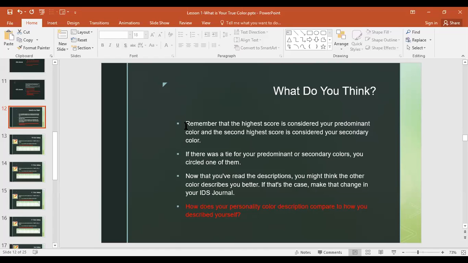Think about how your personality color description compares to how you described yourself, right? Natalie ended it wonderfully using those specific words about herself. See if the description of your predominant color matches or not.